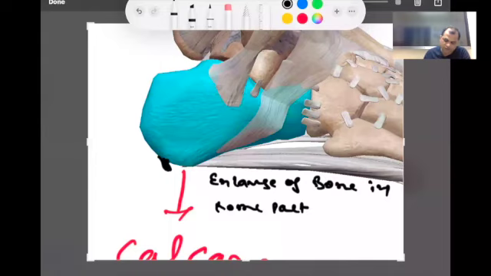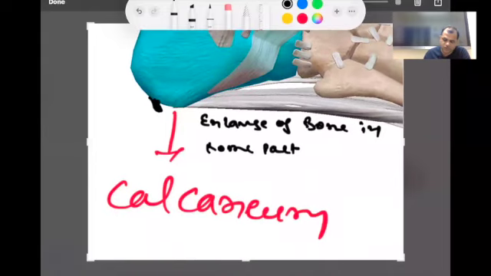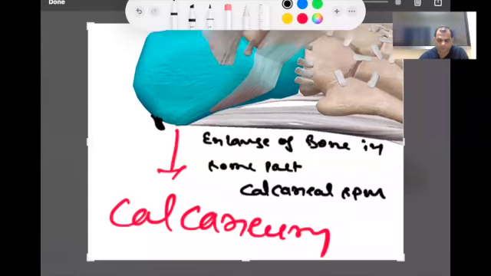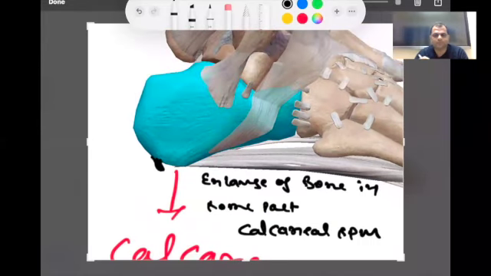So this is called calcaneal spur. The spur in the bone of calcaneum. So calcaneal spur is found in the calcaneum bone.